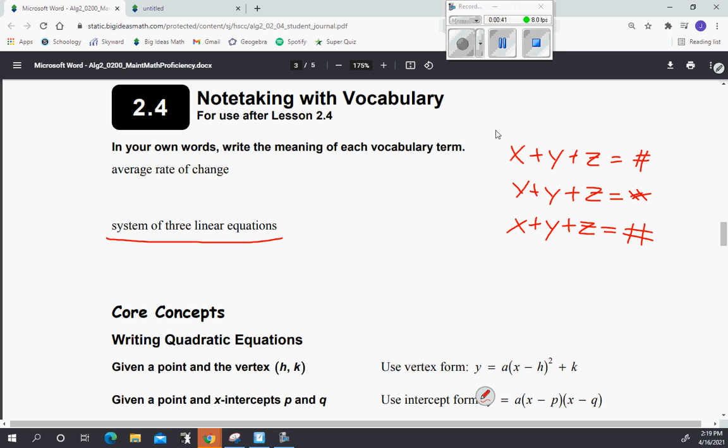In order to solve for three variables, you need three equations.